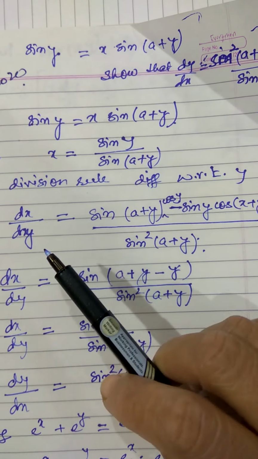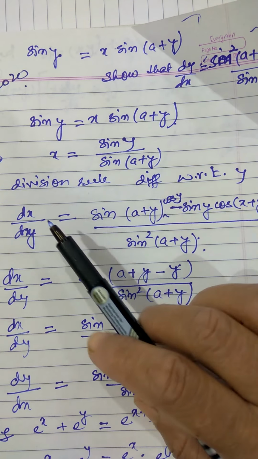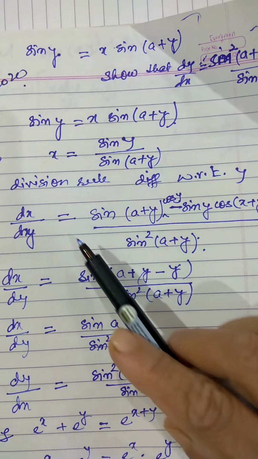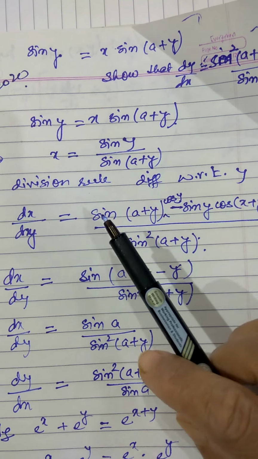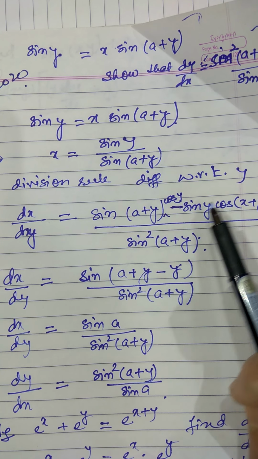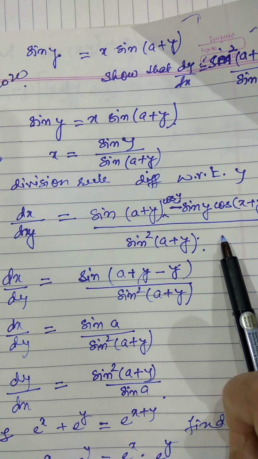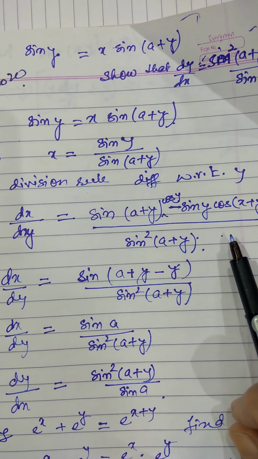That is, we'll find dx/dy using the division rule. dx/dy is equal to denominator into derivative of numerator minus numerator into derivative of denominator upon square of denominator. So this is dx/dy.